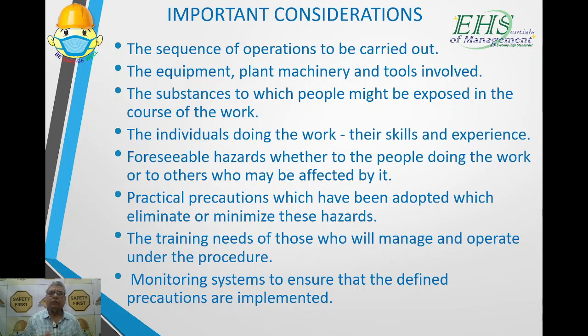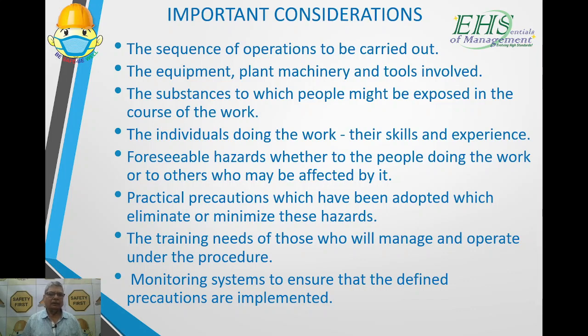So, take into consideration what you are using while doing that job, whether you are using a certain tool, operating a certain machine, or using certain equipment. That has to be operated or used by a person, a worker, isn't it, who is doing that job.